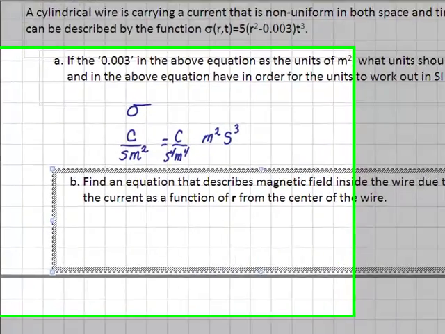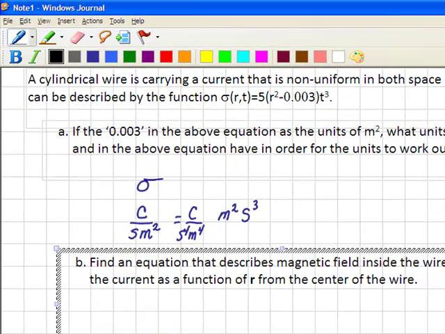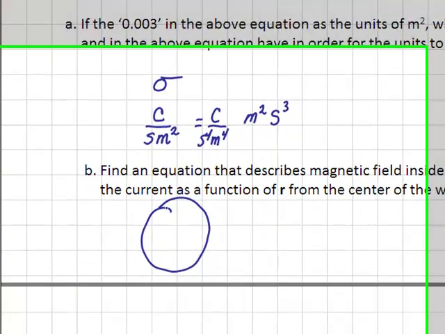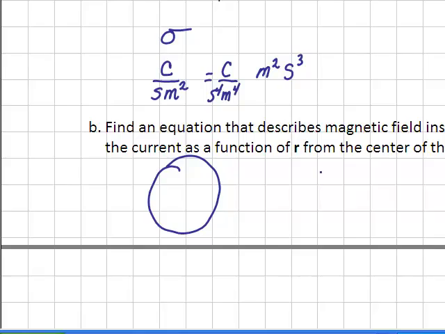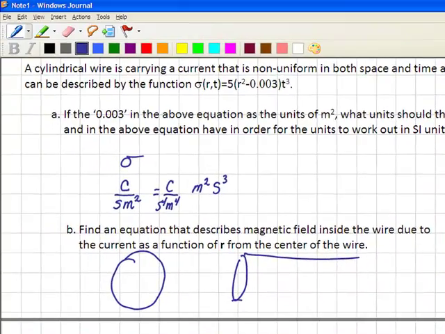For the next part of the problem, we now want to find the magnetic field inside this hypothetical wire with this non-uniform charge density. First thing we should do, like we do in most physics problems, is draw a picture. And I'm going to draw a cross-sectional view of the wire as well as a side view of our cylindrical wire.